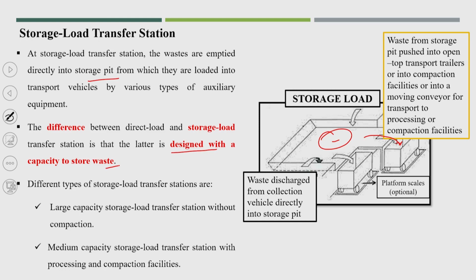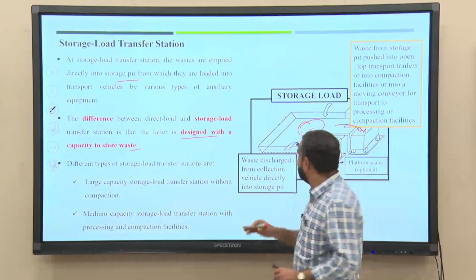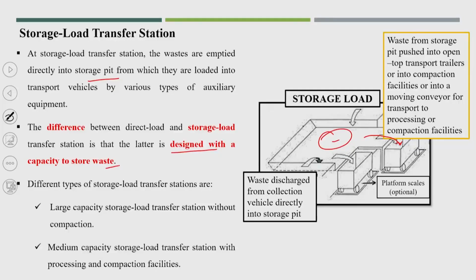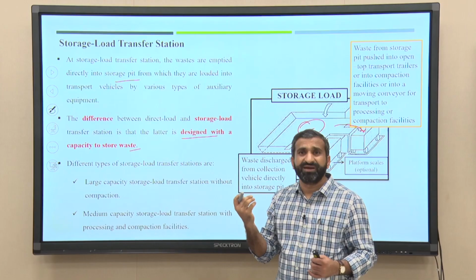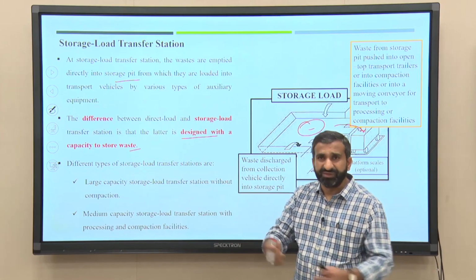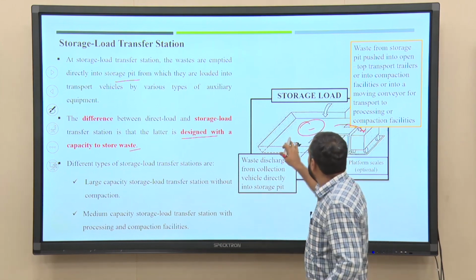The benefit of the storage load is that waste is initially stored in the storage pit, and wherever you are planning for collection of recyclable matter, you can plan it, whether mechanically or manually.